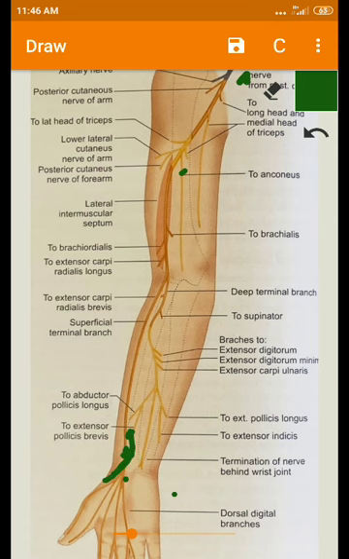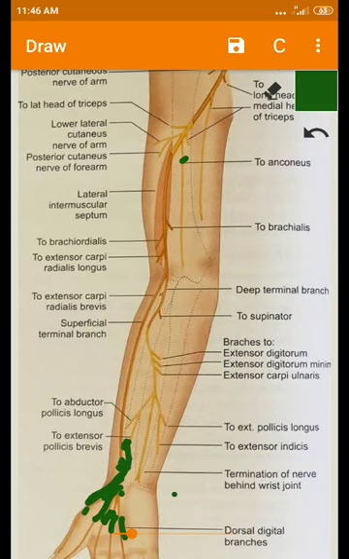Okay, after giving some small tweaks to the dorsum of the wrist and the lateral side of the dorsum of the hand, this superficial branch ends by dividing into 4 or 5 digital branches.